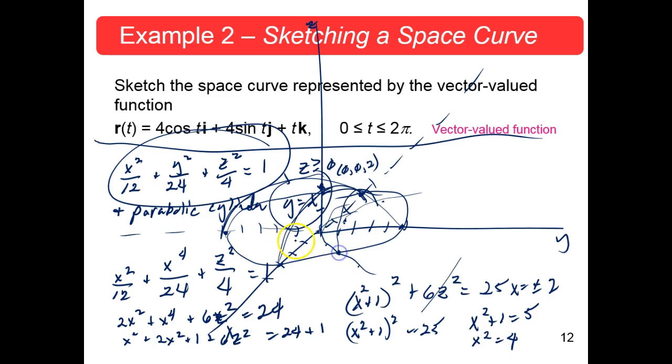So that's why x is plus 2 here, minus 2 here. Well, then plug that into here. That would be y is equal to 4 and 4. So that's why this point down here is indeed 2, 4, 0. Over here is minus 2, 4, 0. So they did pick those out right, but you had a bit of doing to get why that's true.